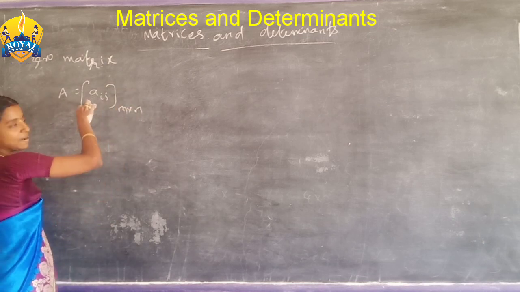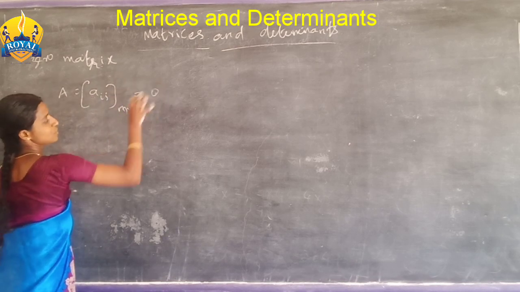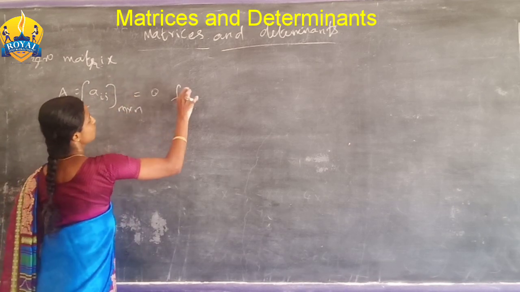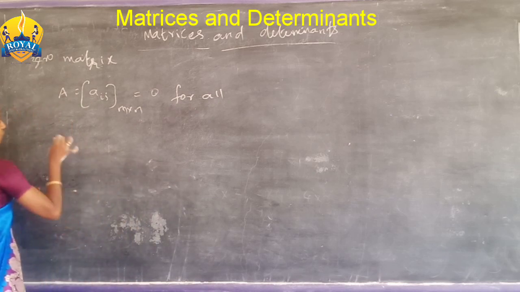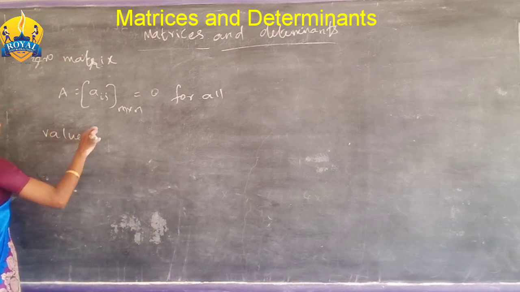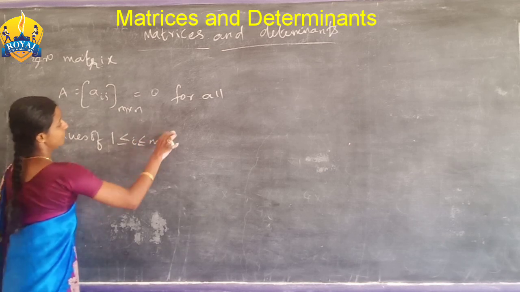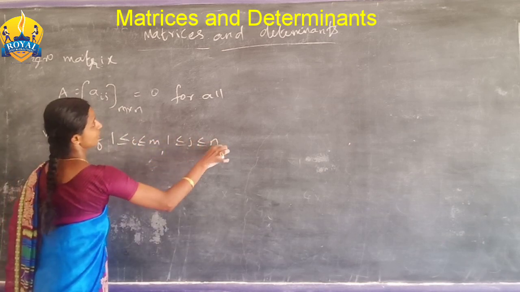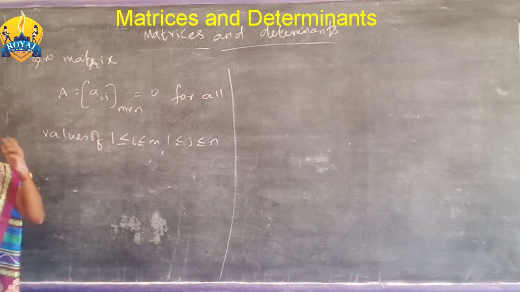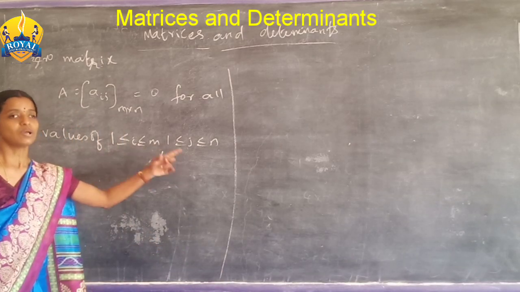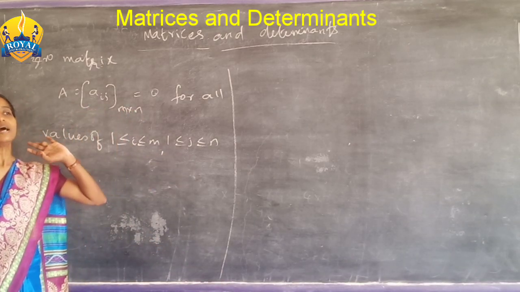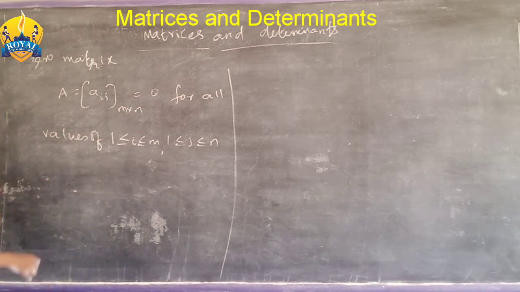All the elements inside the matrix will be 0 for all values of i and j. For all values of 1 less than or equal to i less than or equal to m, 1 less than or equal to j less than or equal to n, all the elements inside the matrix will be 0.